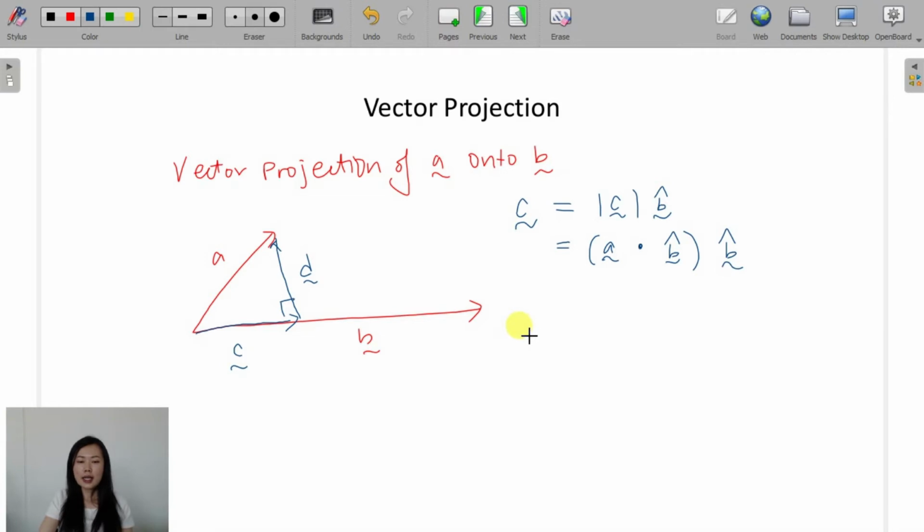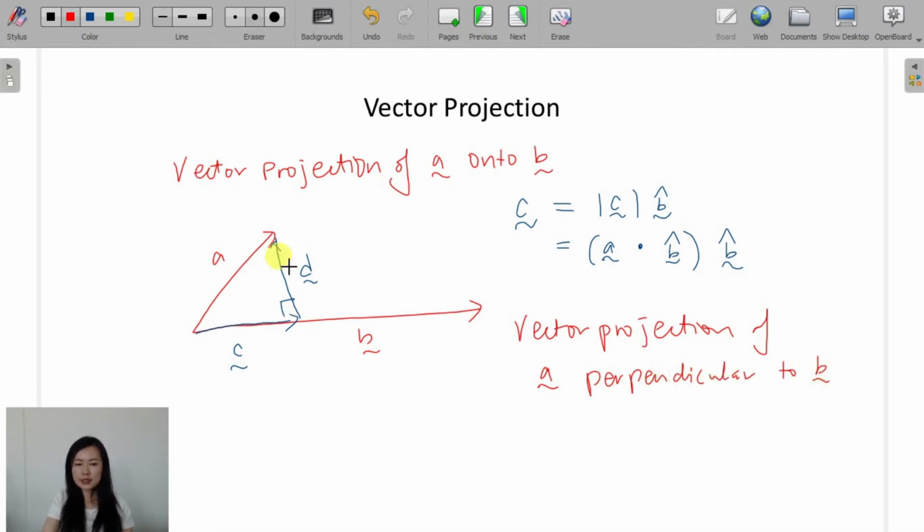Okay, that's it. And if you're after the vector projection that's perpendicular, so basically this one here, it's just A minus C. You see how these are, how will I explain this?